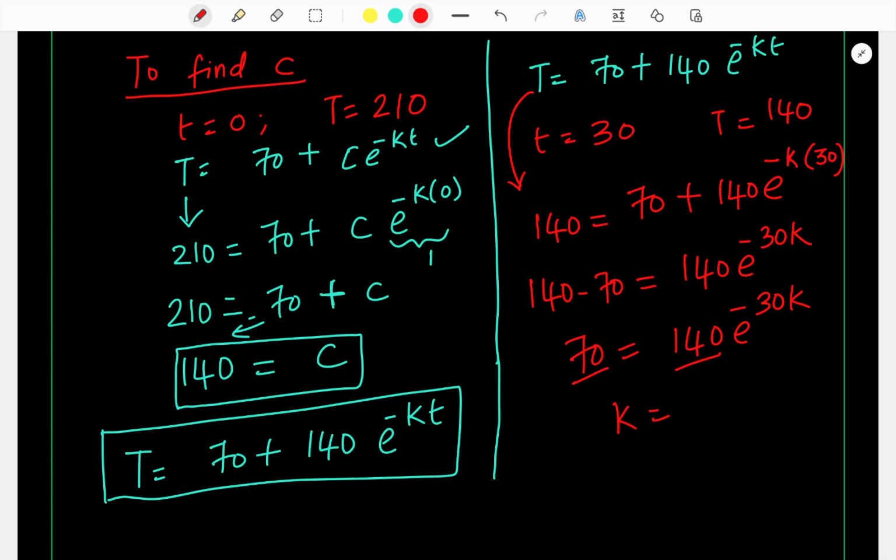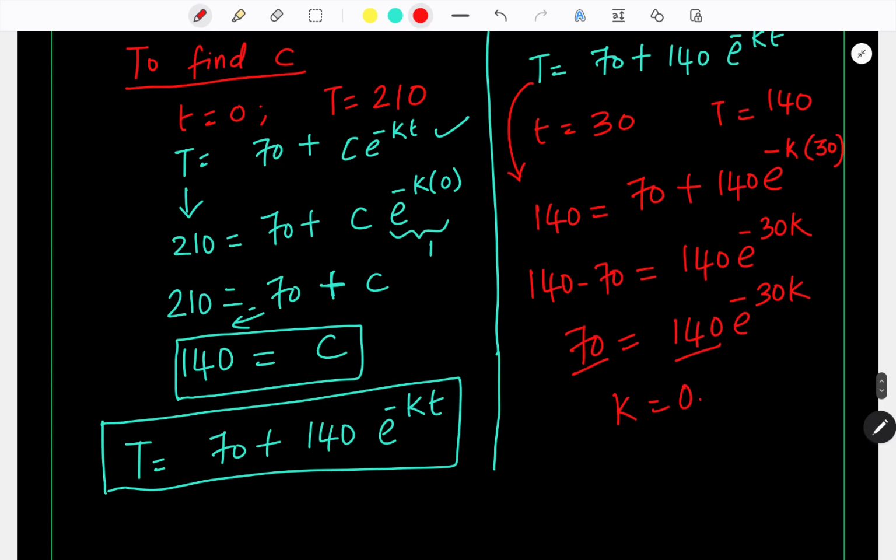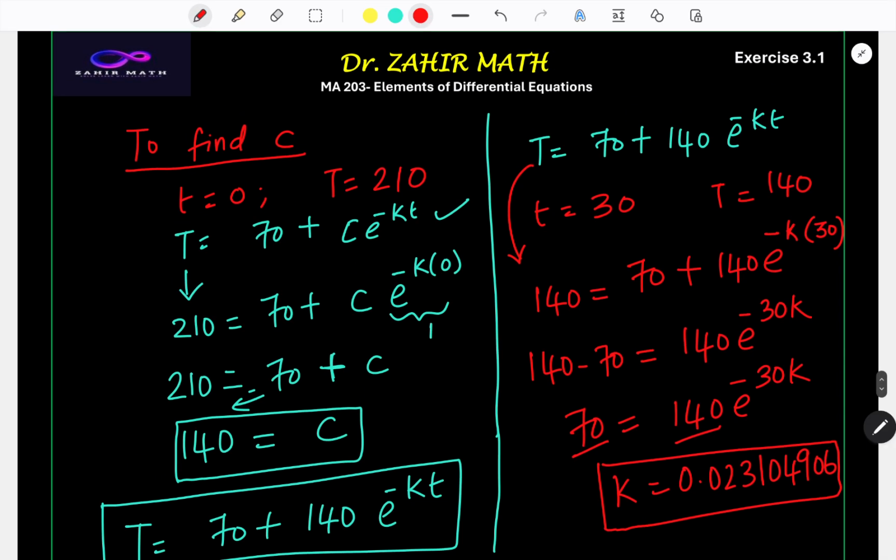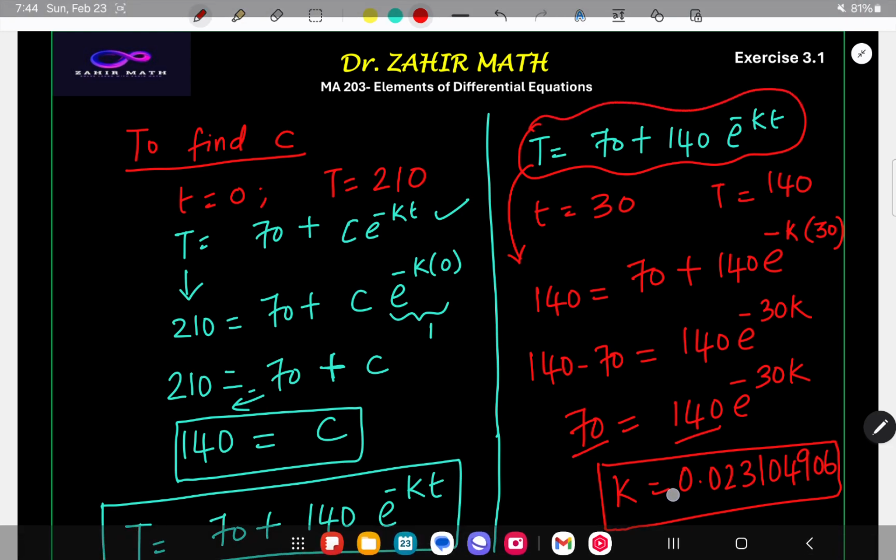Yes, I got it, k equals 0.023104906. This is your k value, right? So I'm going back to this equation and putting in the value of this k.